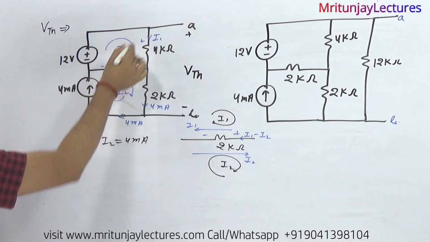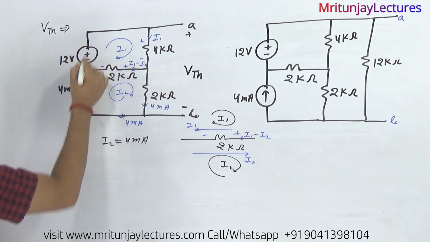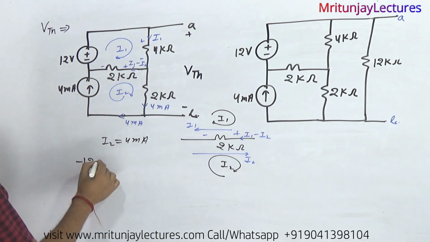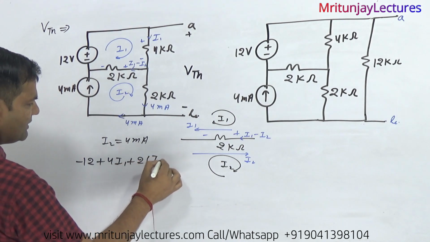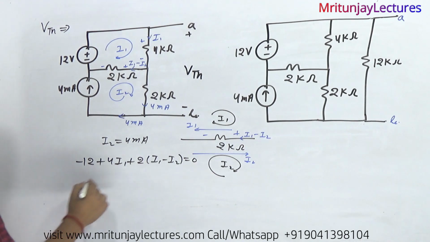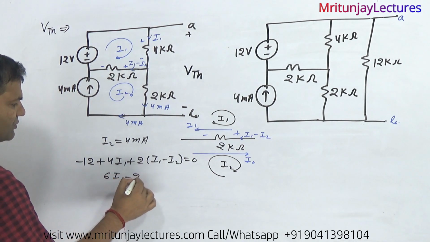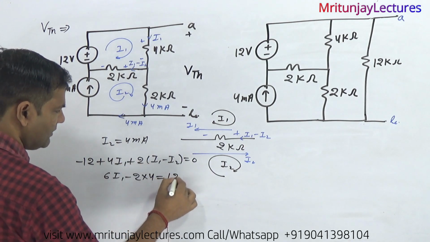So apply KVL in this loop. Minus to plus: minus 12 plus 4I1 plus 2(I1 minus I2) equals 0. So 6I1 minus 2I2, I2 is 4, this will be equal to 12.